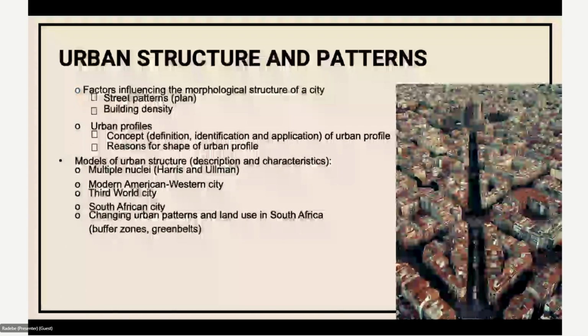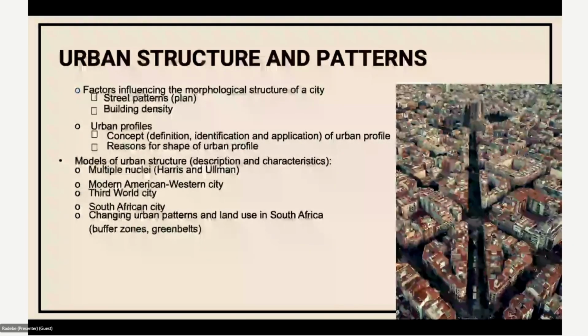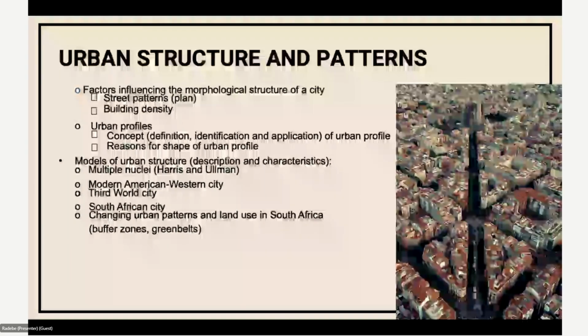So most of the time in recent years, if you look at the urban structure, it is more of a multiple nuclei type of urban structure as compared to any other type. So we need to explain to your learners so that they are able to differentiate between the models of urban structures. And then urban issues.